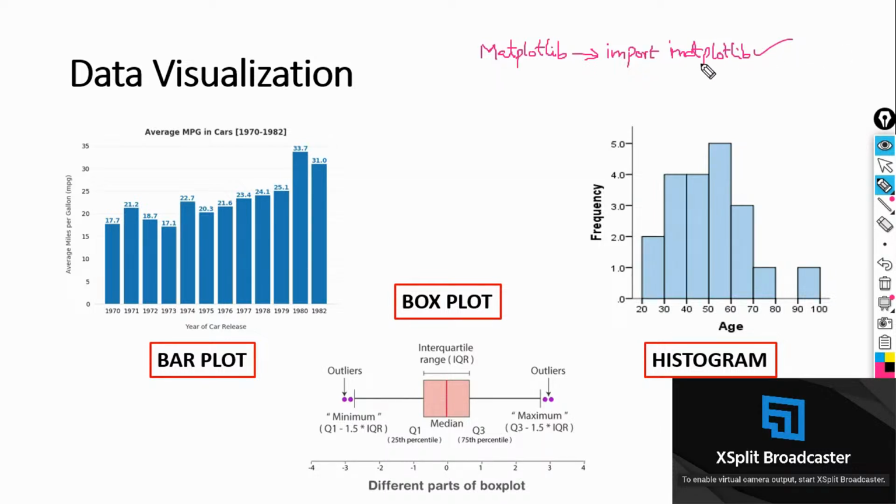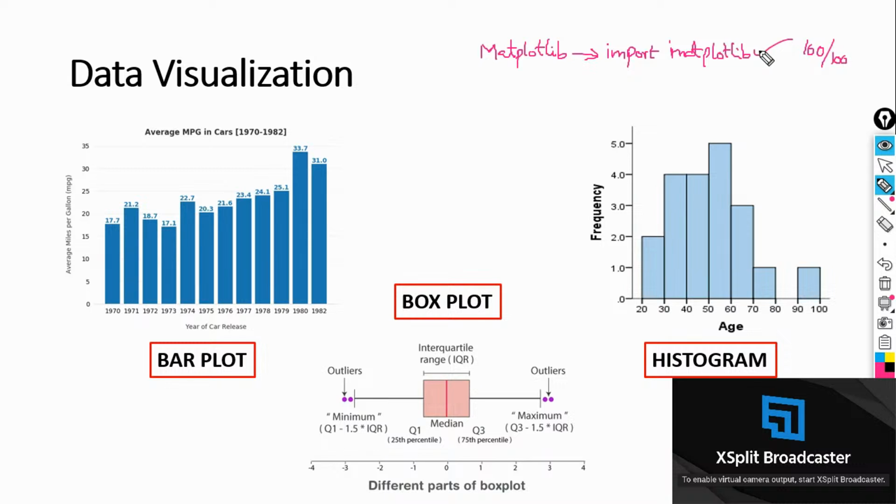What if this line of code throws an error? If it is throwing an error, that means you don't have the matplotlib package on your local machine, then we'll install it. What we have done is just import. I think 100 out of 100, no one will get an error. For all, it will get executed.